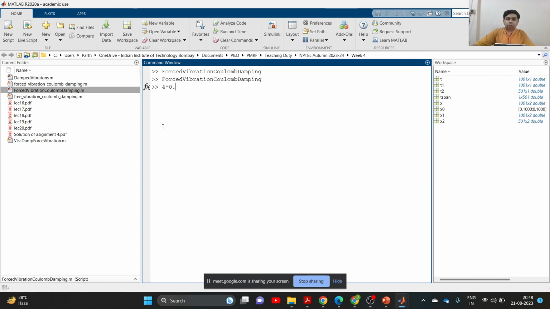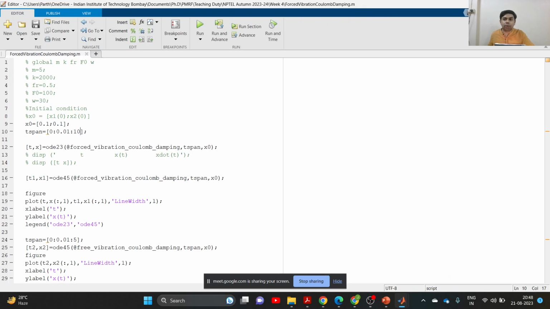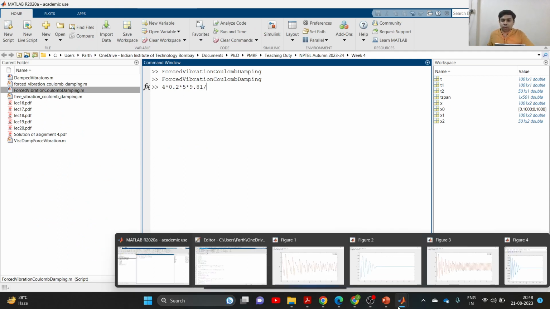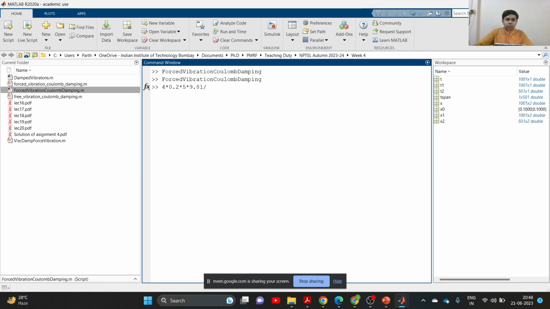So 4 into mu into the normal reaction, which will be mass into acceleration due to gravity, so mass is 5 into g, which is 9.81, divided by k, which is 2000, gives 0.0196.